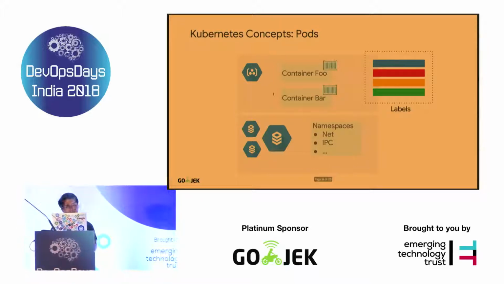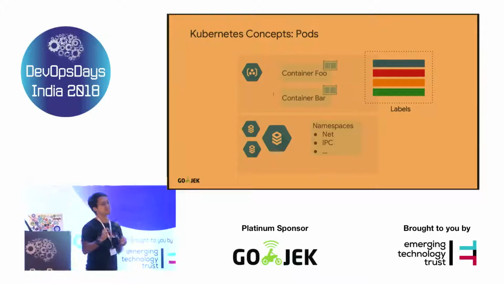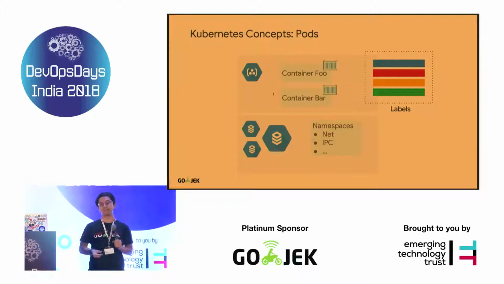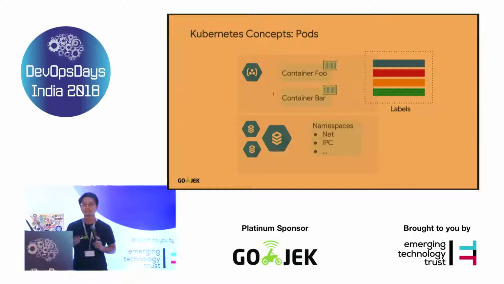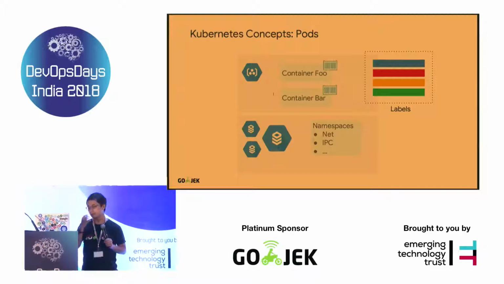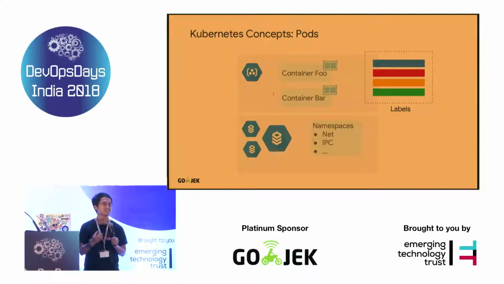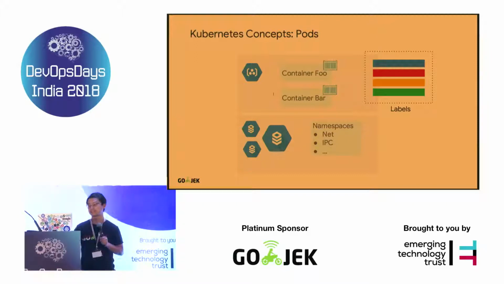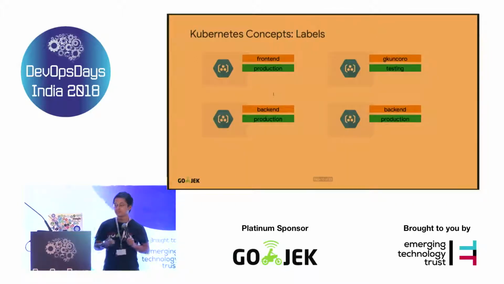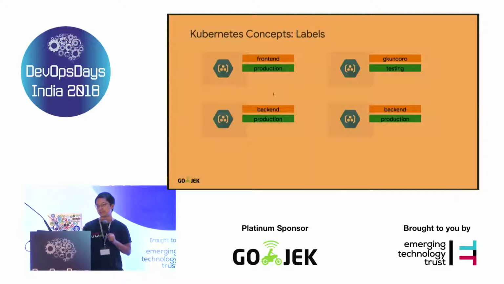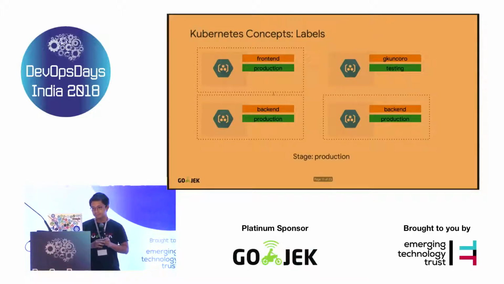One powerful thing in Kubernetes is a thing called a label, which is a first-class citizen. This gives us a powerful capability to query and slice groupings of any objects inside the Kubernetes cluster, not just pods. Let's say we have four pods here, labeled with anything: front-end, production, and even my name here, Giri Kuncoro.